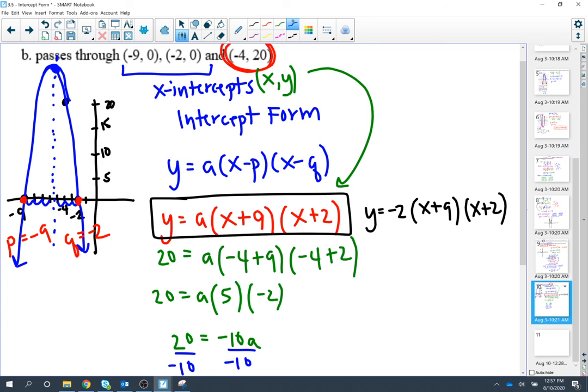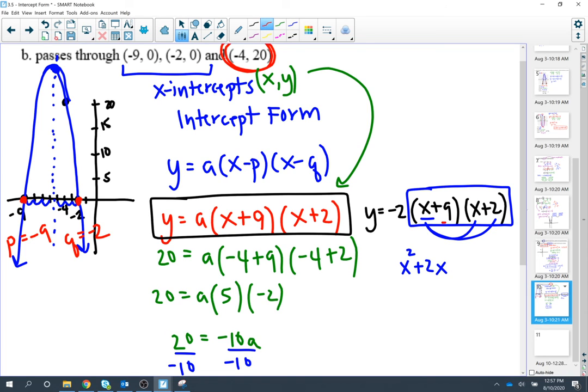Okay, we're going to multiply it out. Now, this has a -2, this has an x plus 9, and it has an x plus 2. You cannot multiply all three of these at the same time, so we're just going to do two at a time. I'm going to start with these two, and I'm going to distribute. So I'm going to start with x times x, x squared. x times 2, 2x.